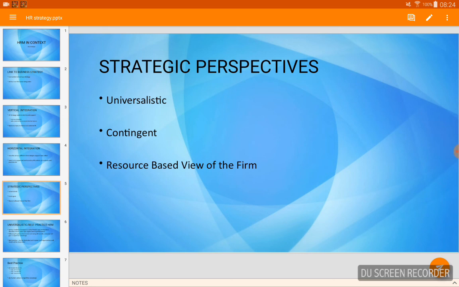It's coming from the idea that people are the surest way of getting competitive advantage for the organisation, and therefore if we look after our people properly, encourage them, develop them, nurture them, we'll get the best out of them, and therefore they will then add competitive advantage to the organisation. So those are the three strategic perspectives that we're going to be looking at.